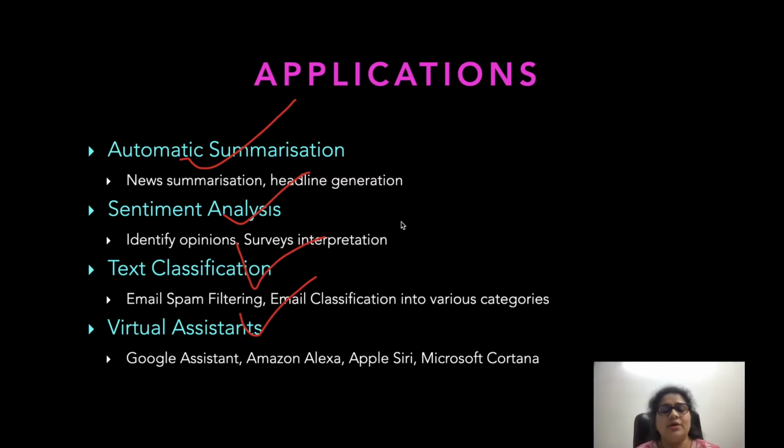So for these virtual assistants or email spam filtering, a lot of data must already be fed into the machine, and against that data, the machine must be verifying or finding answers to your questions and responding back to you. All right. So that's about the applications of NLP.